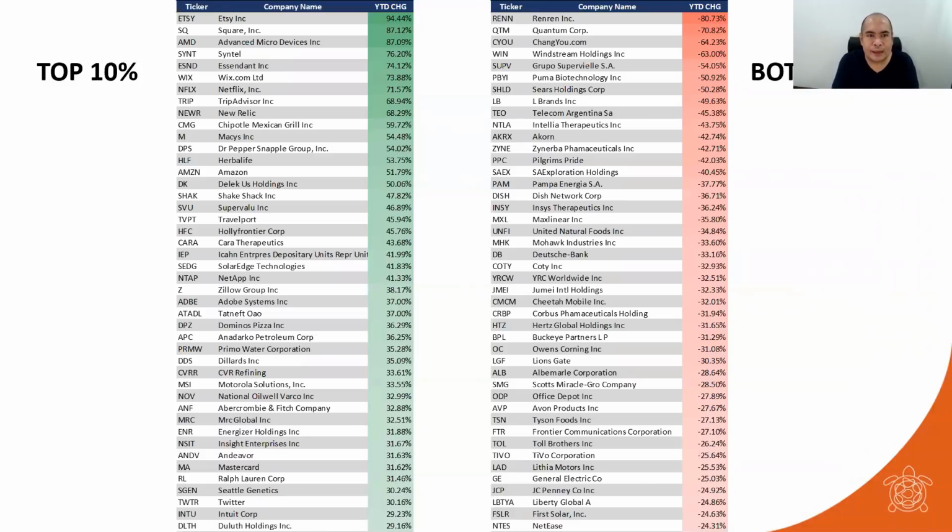Over the past year, ETSY generated a 94% return, followed by SQ, AMD, SYNP, ESND, and the likes. Most of them are generating in excess of 75% return for the year.